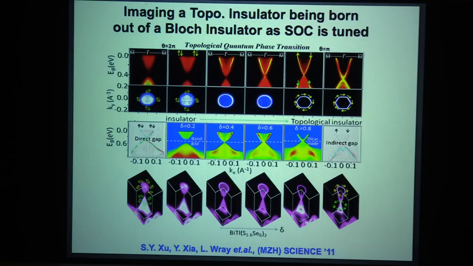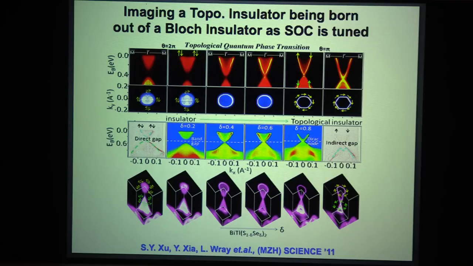Of course, as you go from selenium to sulfur, your band structure is also changing in other ways, but the key thing is that the gap is closing on the surface and also in the bulk. When the phase transition has happened, you have a topological insulator. So what happens when the gap is barely closing, say in between or right around here? Then the surface states and the bulk are all on top of each other, and you have a three-dimensional Dirac band.